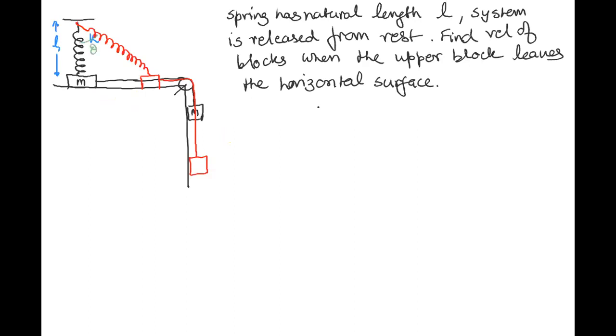And if this is theta, then this quantity will be equal to L tan theta. This quantity will be equal to L sec theta, and this distance again will be equal to L tan theta. Okay? अभी तक आ रहा है समझ में?